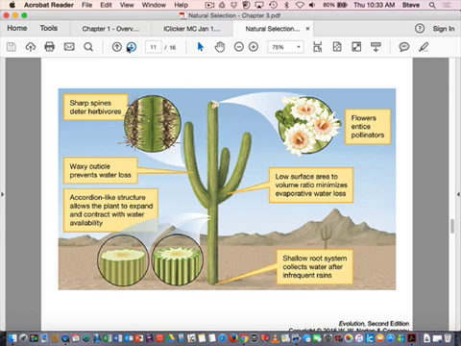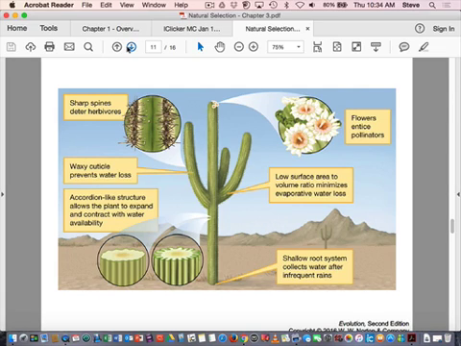Okay, so here are a series of what we might consider various kinds of adaptations that the saguaro cactus might have. Obviously it has flowers to attract pollinators for reproduction. It has a shallow root system that collects water after infrequent rains, rather than a deep penetrating root system.